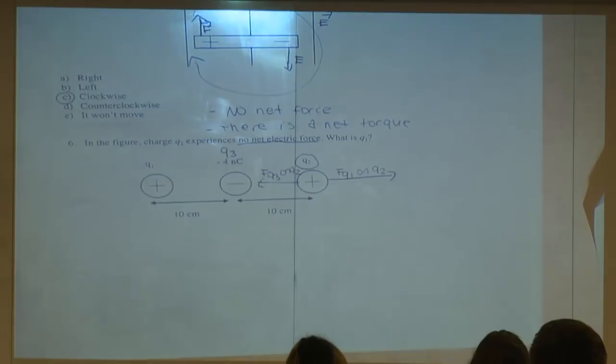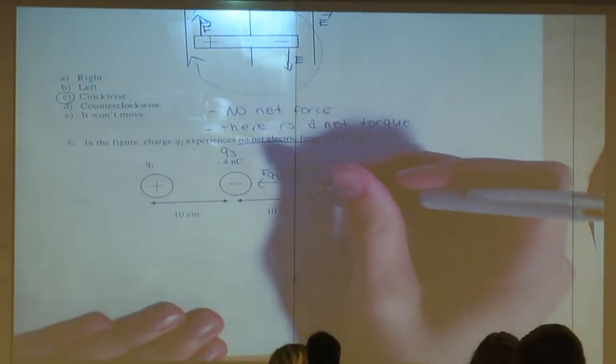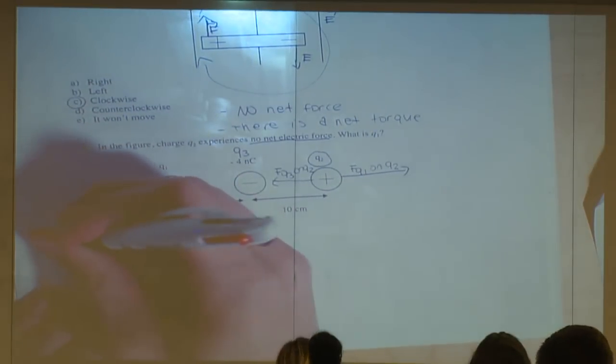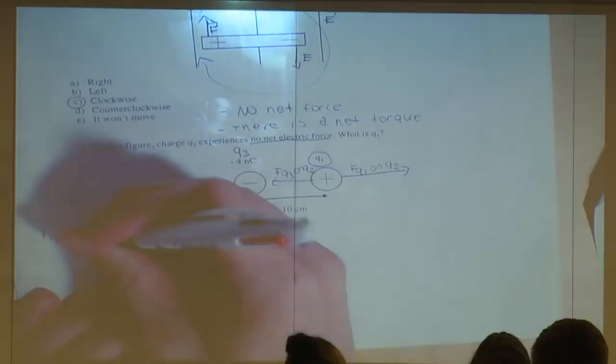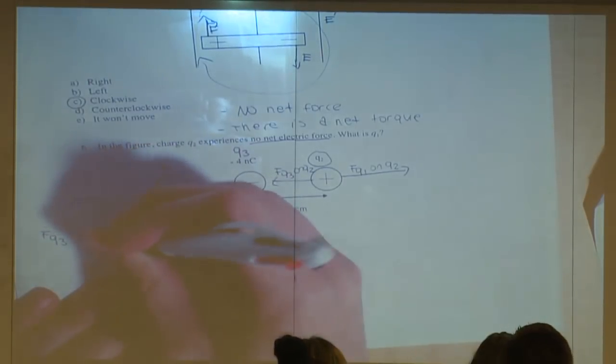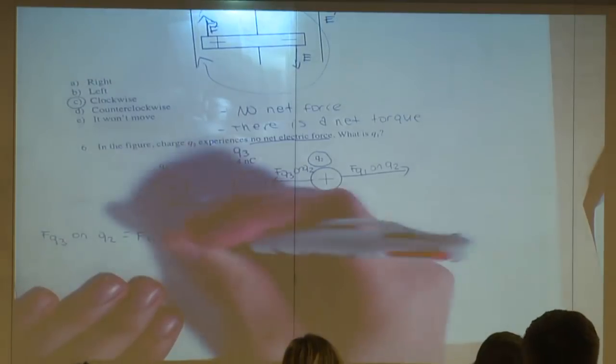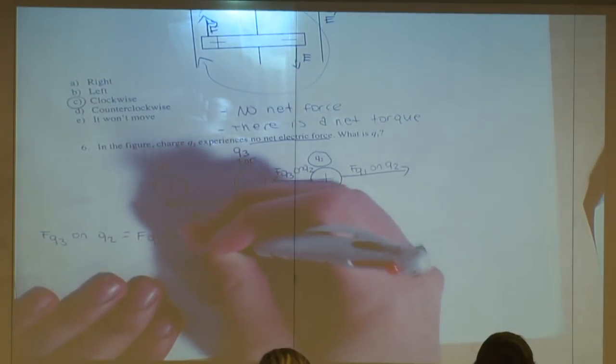They'd have to cancel each other out because they're going opposite directions, and that's the only way that there'd be no net electric force. So therefore, F of Q3 on Q2 equals F of Q1 on Q2.